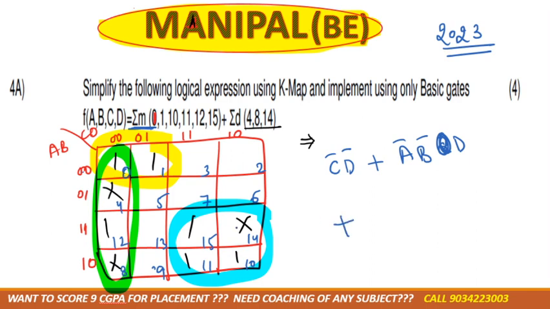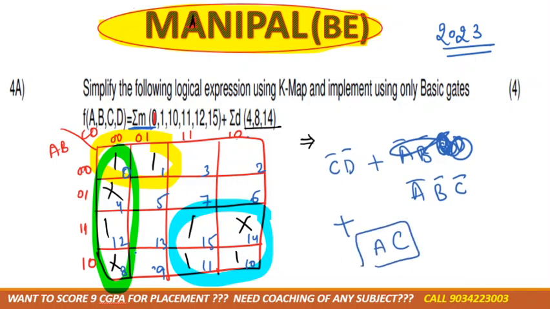Okay, and the blue one is a bar b bar and c bar is common. And this one is your answer.